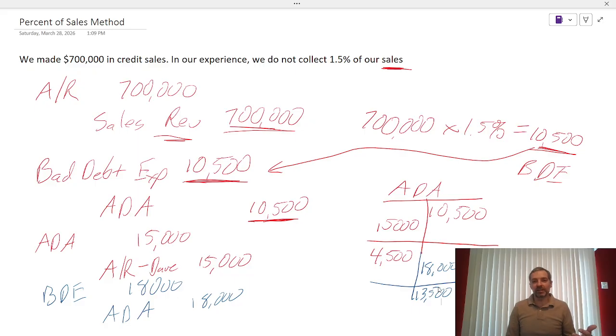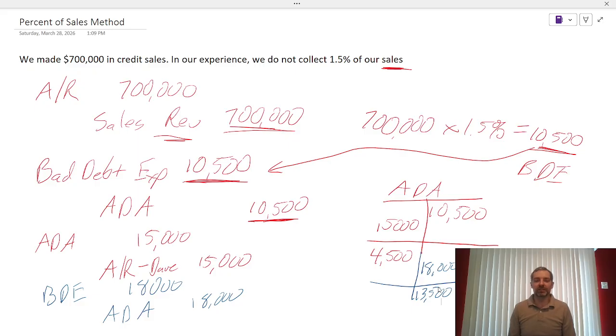If we make a mistake on the balance sheet and we don't fix it, in this case, we made a mistake. We put not enough in the allowance for doubtful accounts. Guess what? That mistake follows us forever. That $4,500 debit is going to be there affecting our account forever because we don't reset balance sheet accounts in the closing process.